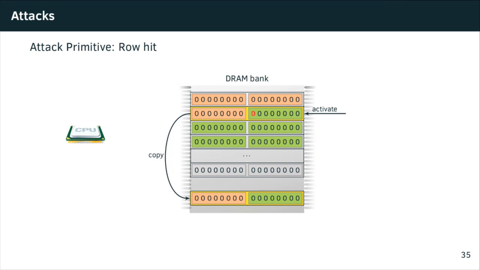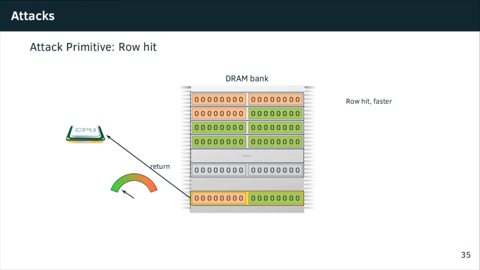Well, the victim will activate the shared row. It will get copied to the row buffer. He'll get his data that he wanted. And now the spy activates it. But this time it's in the row buffer. He will retrieve the data fast, and he will know that somebody else accessed this row.